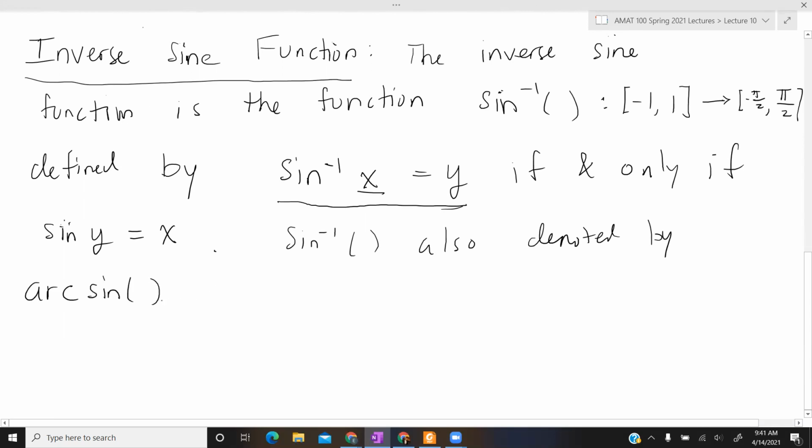And again, I'm using these empty parentheses to indicate that this is where the input is. This is where you plug the numbers in. It's just an empty symbol, and that's where the inputs go. I'm not saying what the input looks like, I'm not saying it's x, y, z, whatever. So this is also denoted by that.